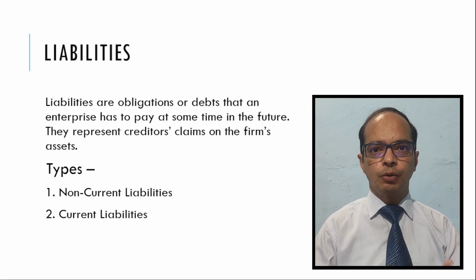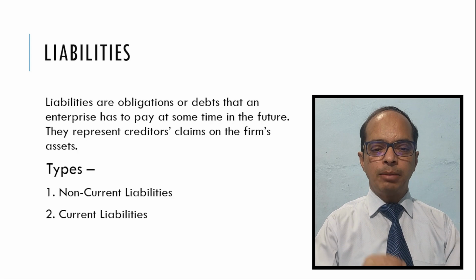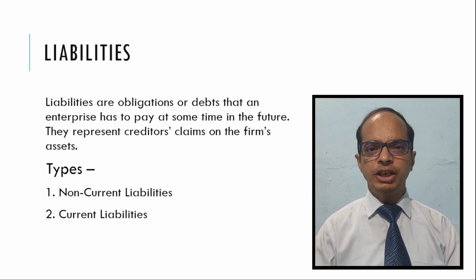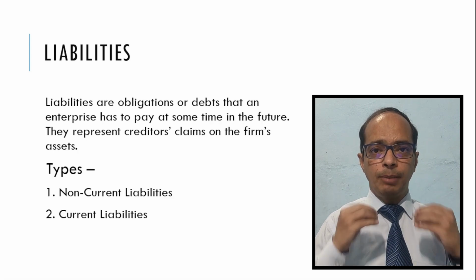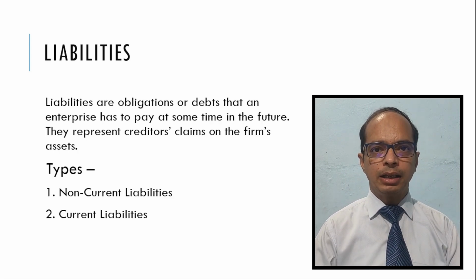That cash will be used for purchasing assets, or we will use it in the day-to-day working of the business institution. So these liabilities are known as creditors' claim against the assets of the business organization, because if the firm is not able to pay back the liability, the amount will be recovered by the lending institution by sale of assets.